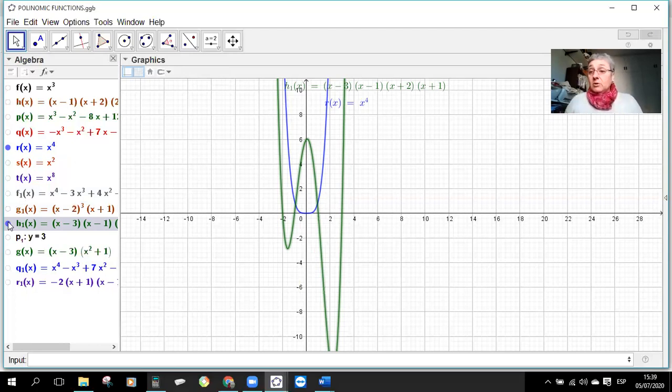You will need to know that the shape of a quartic might resemble a quadratic function, but it is not. And in general, the quartic functions you're going to find are functions which have more than 3 zeros. In this case, we have 4 zeros.